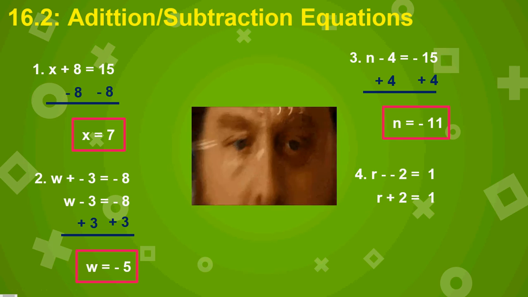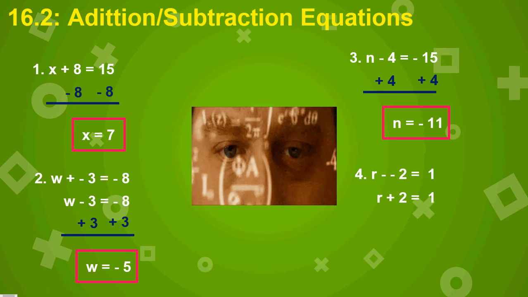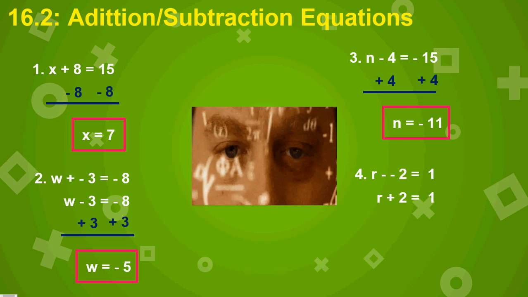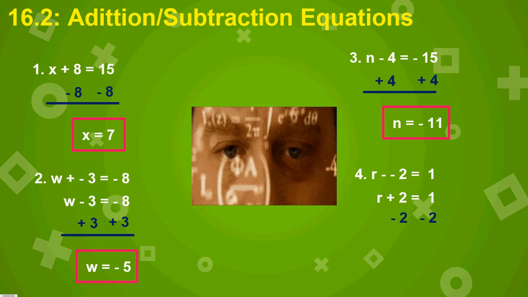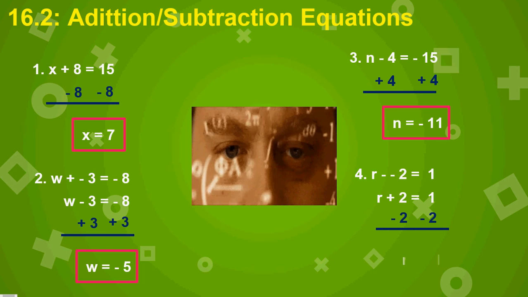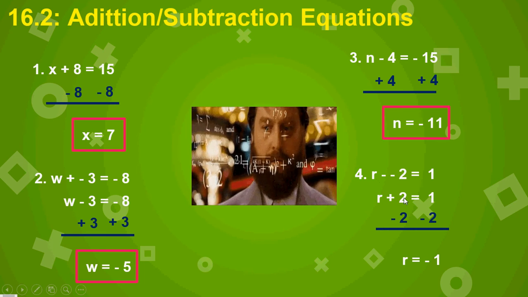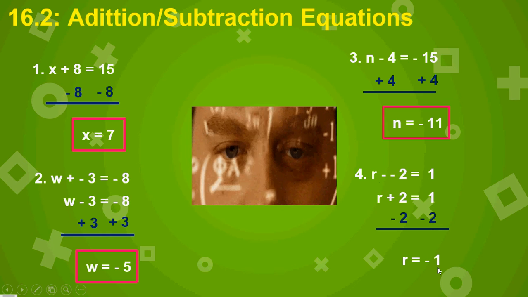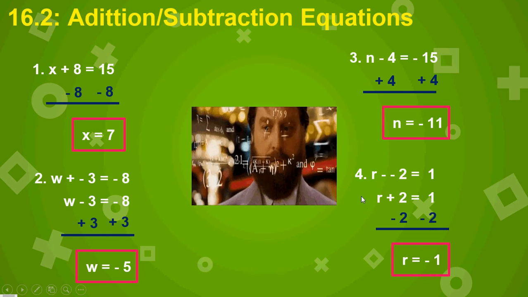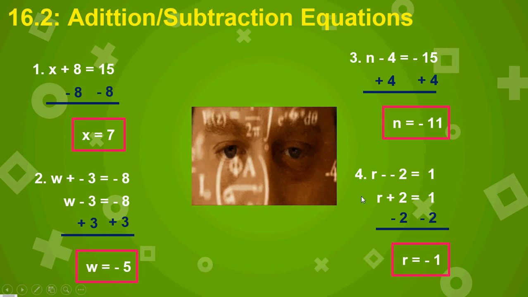Now I need to subtract what? What number in both sides? Good job, negative 2. Okay, negative 2. In this case, plus 2 minus 2, 0, and 1 minus 2, negative 1. Okay, this is lesson 16.2.